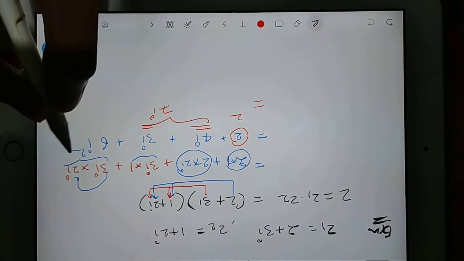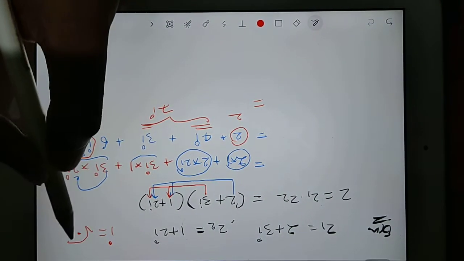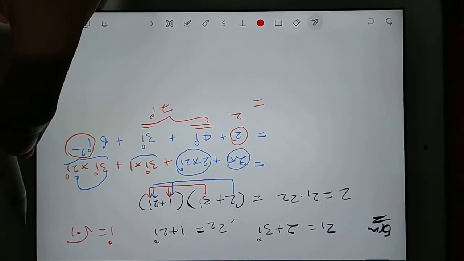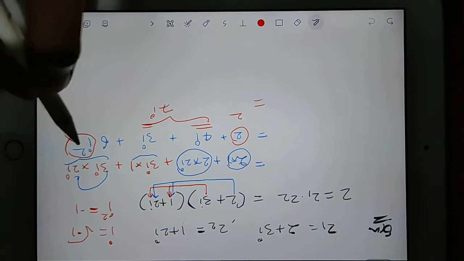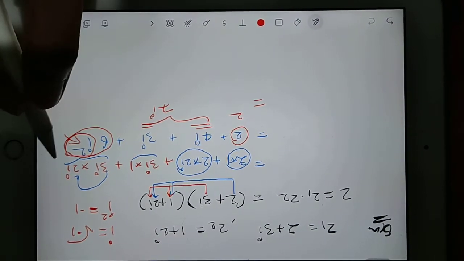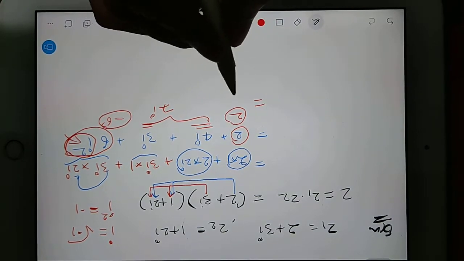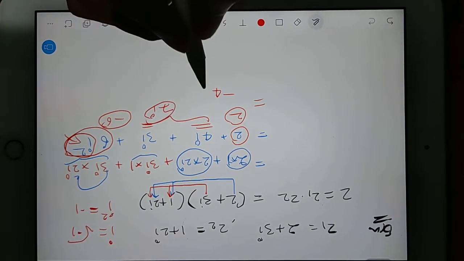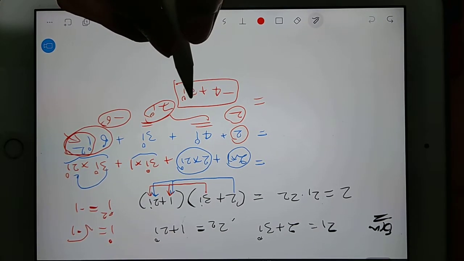But here you see i square. Always remember, i is nothing but under root minus 1. So if you square this, you'll be getting minus 1. So i square is minus 1. So this I can write as minus 1. So this total will be minus 6. So if you club this minus 6 and 2 together, you will be getting minus 4 plus 7i. So this is how we will do multiplication.